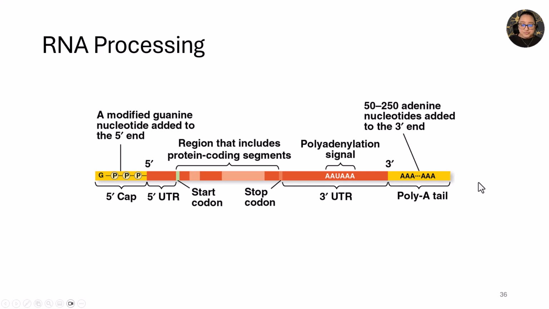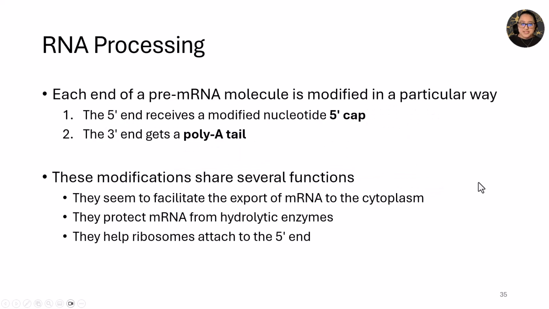So what is the point? What do these things do? These modifications share several functions. They seem to facilitate the export of mRNA to the cytoplasm. They protect the mRNA from hydrolytic enzymes that are in the cytoplasm. Remember, hydrolysis is when you break apart molecules. So having these things on the ends helps protect the mRNA from these enzymes just breaking it down immediately.